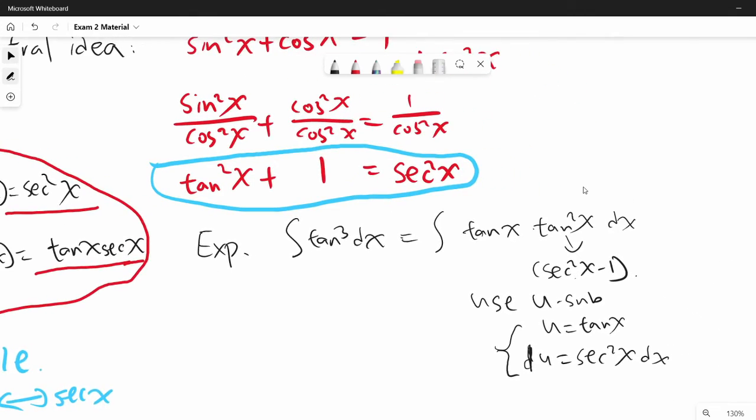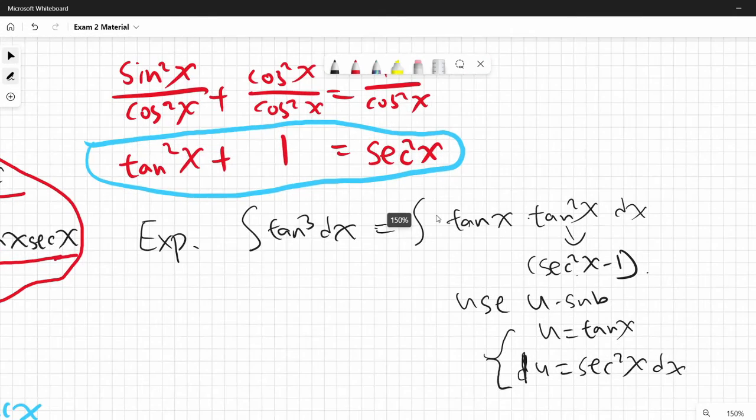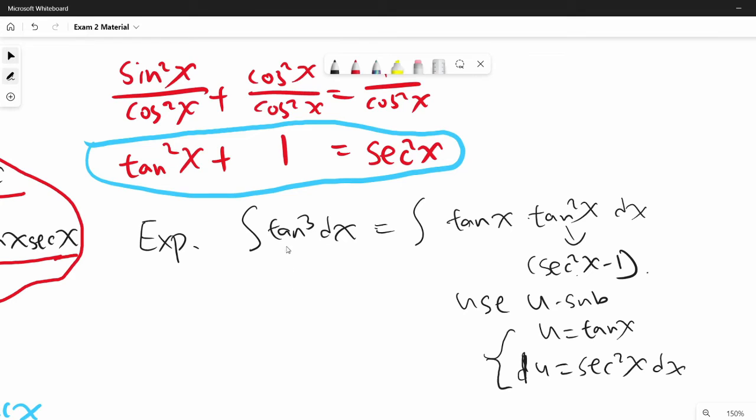So for example, same idea with sine and cosine. If I have an odd power, I can make a secant squared minus 1 using a tangent squared. So I can first separate this third power into a tangent x and a tangent squared x.